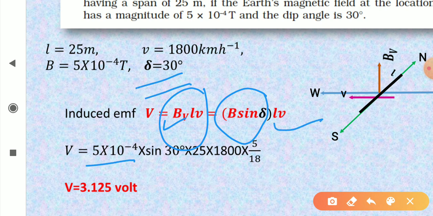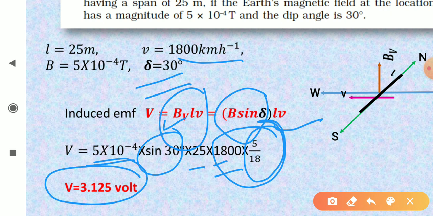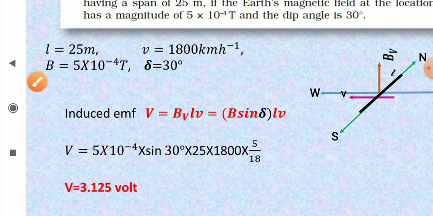Then put the value of B, sin 30 is 1/2, L is 25 meter, and velocity is 1800 kilometer per hour, multiplied by 5/18 to convert into meter per second. So it is 500 meter per second. Simplify, and you get 3.125 volt. So this is a board problem.